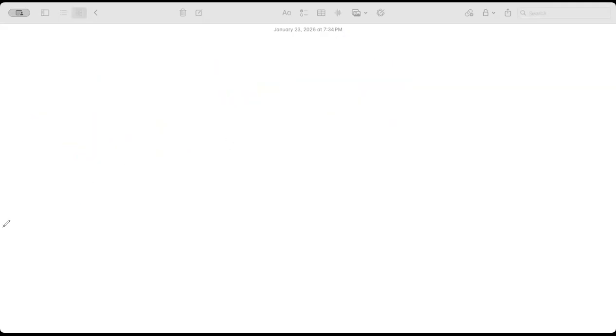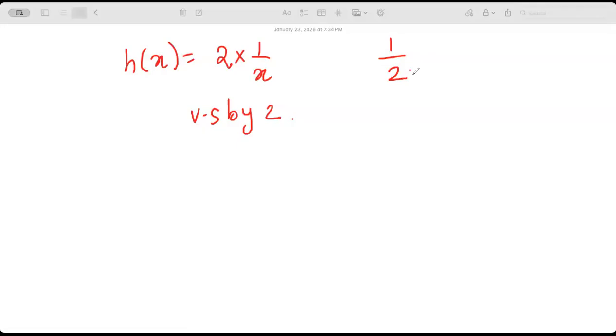Okay. How about this? I did not discuss everything, right? So how about this? H of x is equal to 2 times 1 by x. What is that? Who can tell me? A vertical stretch? Vertical stretch by 2. How about half? 1 by 2x means what?